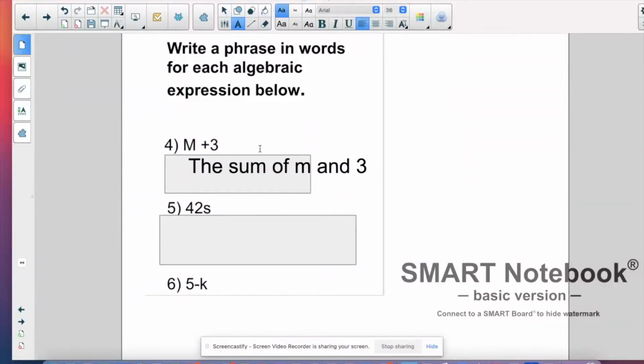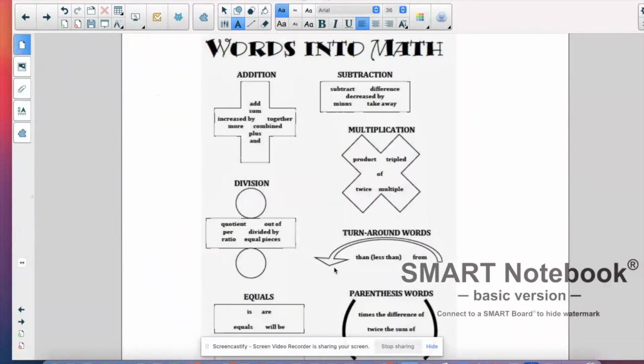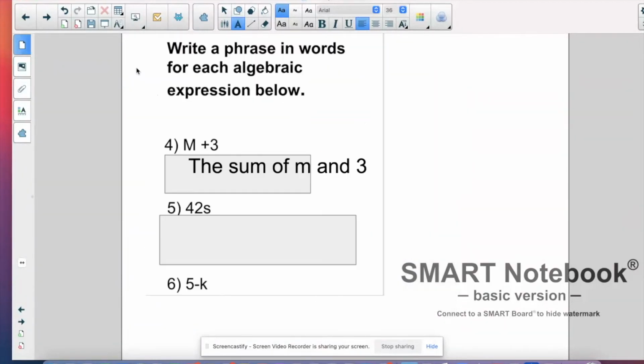Number 5, 42s. Well, if I remember from my previous example what my product looked like for p, I can use product in my answer if I'd like, or I could go back here and use one of these options here. I think I'm going to stick with product.